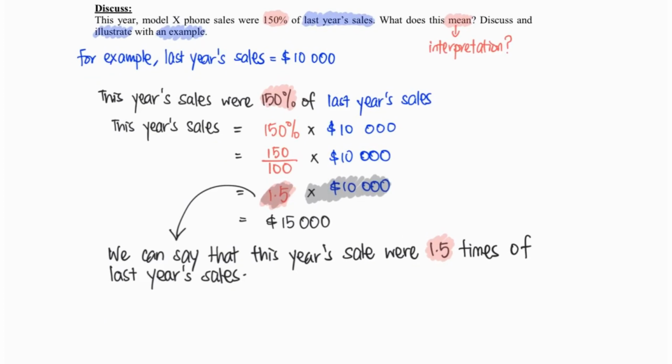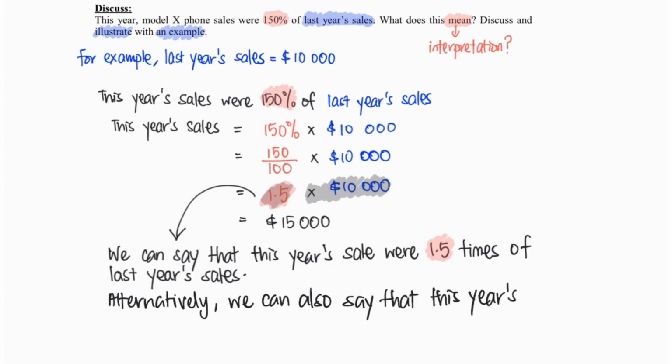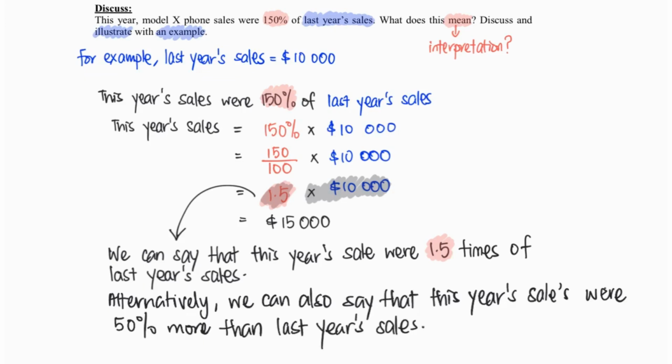Alternatively, we can also say that this year's sales were 50% more than last year's sales. Alright, these are some of the interpretations, and with that, we have come to the end of this video.